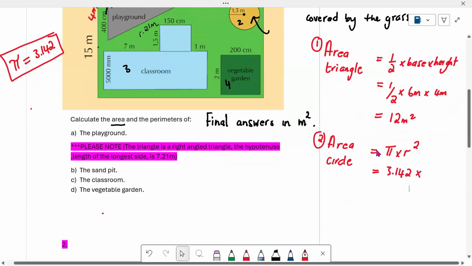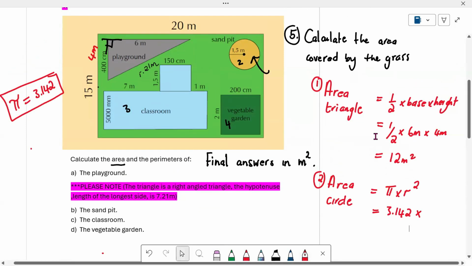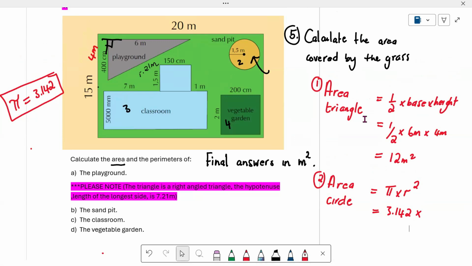3,142. So I divided 1,5 meter by 2 and I got 0,75. Okay. Do we have to divide the 1,5 by 2? Let's think about that for 2 seconds. When we are dividing by 2, we are doing what?